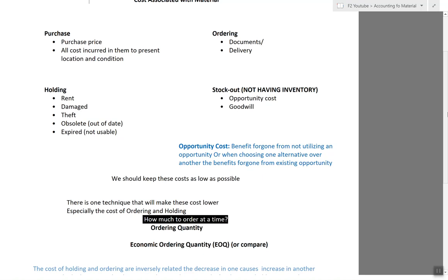So it will be easier. So the ordering cost would be reduced. But the problem is when you have to keep that in the business. If you keep that in the business, then the holding cost will increase, the rent will increase, you will run out of space, damage will increase, theft will increase, it will become obsolete.